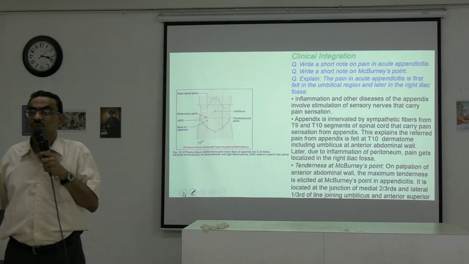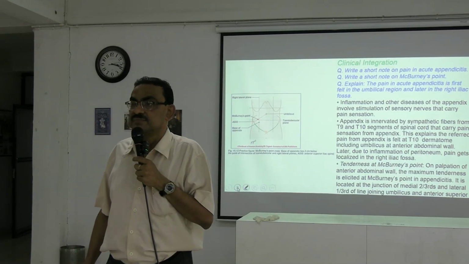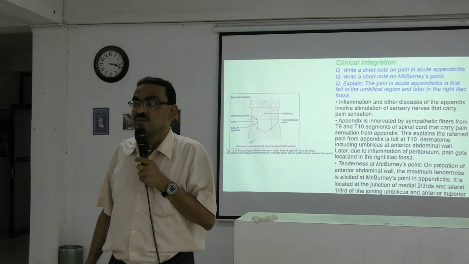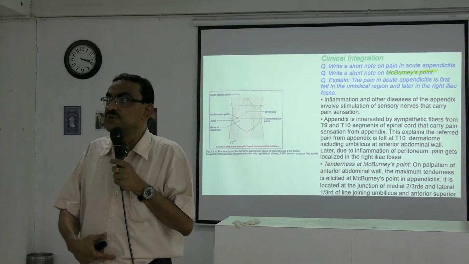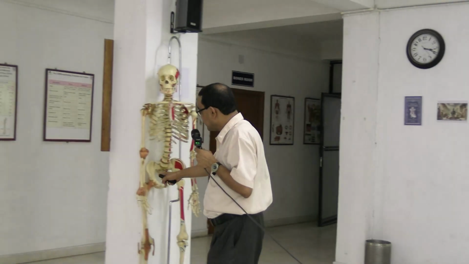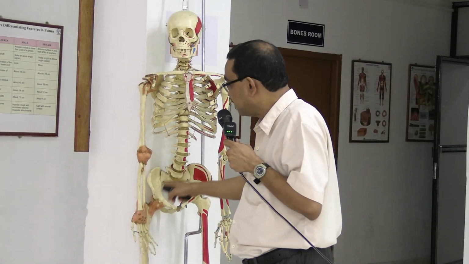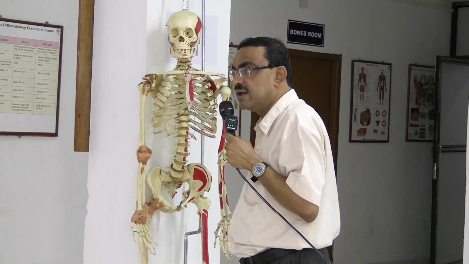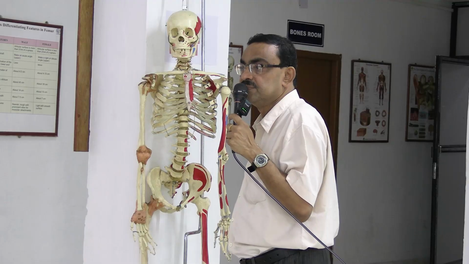Now, what is Mac-Burney's point? There is one line which is called the spino-umbilical line. From the anterior superior iliac spine up to the umbilicus, we can draw one line, which is called the spino-umbilical line.